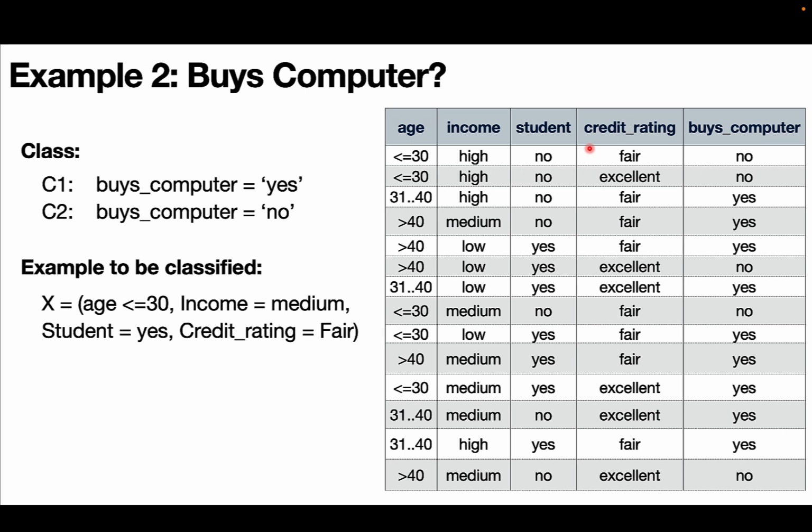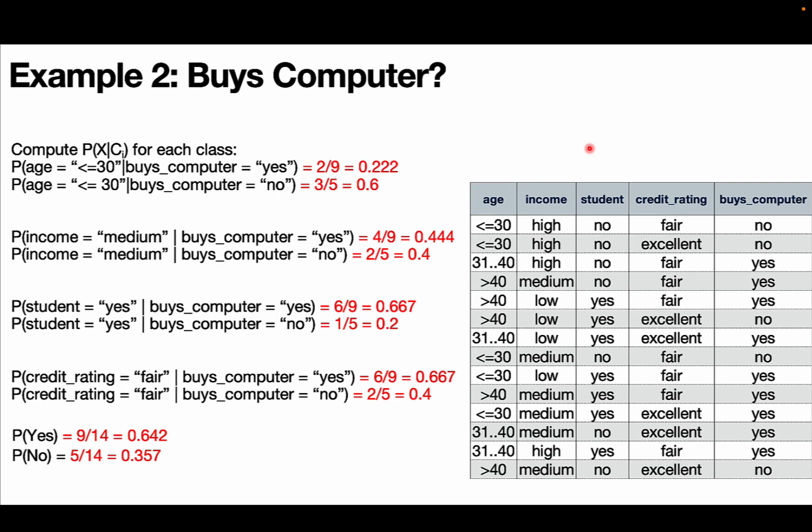This information is very valuable because it's going to assess whether, for example, advertisements are working or not. To get this information, we need to compute the probability of each attribute given the class, and then plug the values into the formula and get the result.